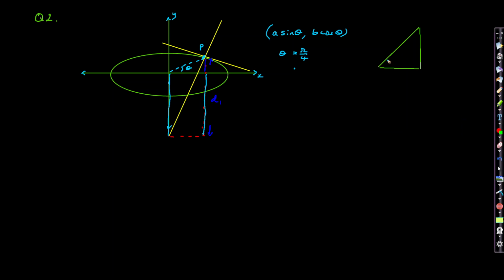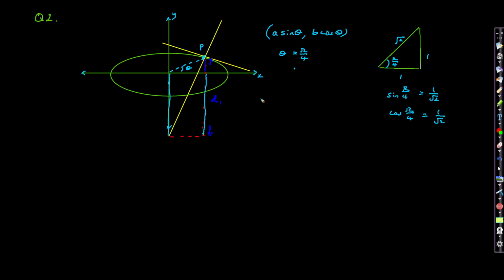So that's pi over 4, and this is 1, root 2. So the sine of pi over 4 is 1 over root 2. That's also the cosine of pi over 4, also 1 over root 2.